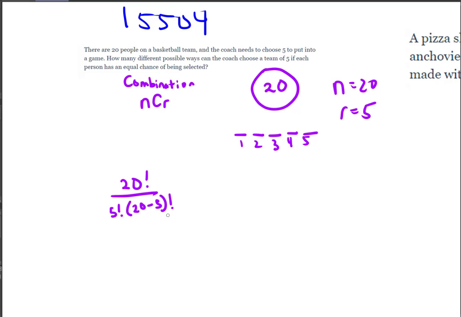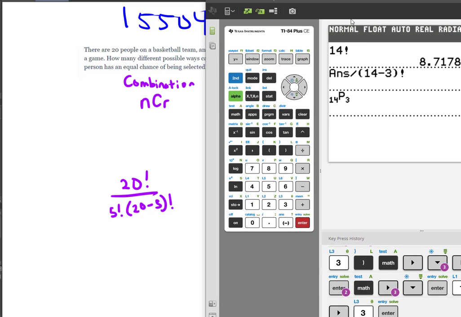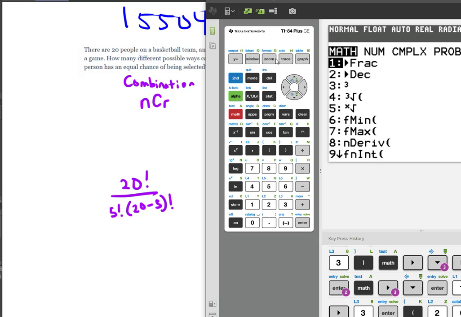Now what I'm going to do is I'm going to go ahead and type this all in my handy dandy calculator, right? I'm going to use lots of parentheses, so we're really clear how this is all working, right? I don't want you to get confused at all. So we're going to do 20 factorial, right?